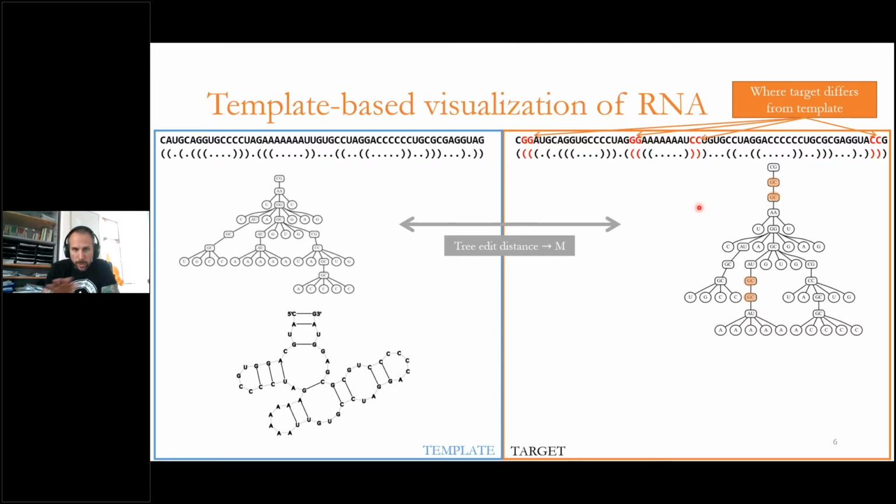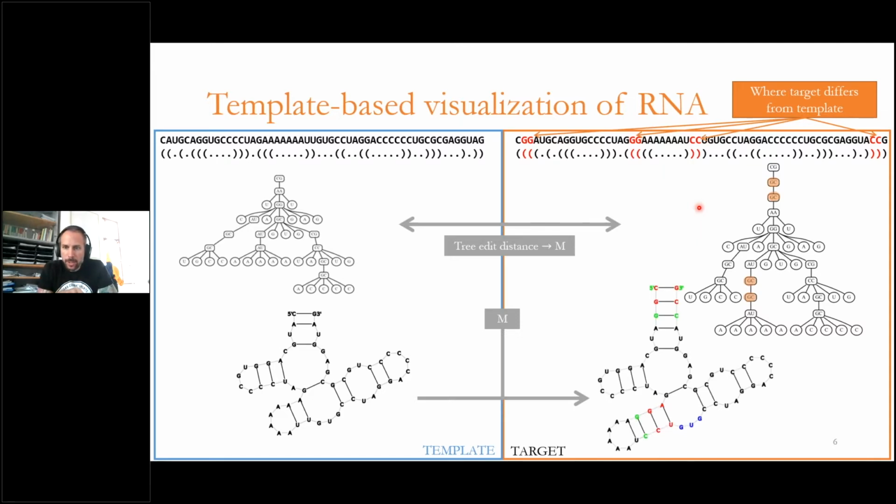Yeah. So now when you have this mapping, we associate these so-called tree edit operations, insert, update, and delete, with layout modification operations, which enables us to transform the template layout into the target layout. So for example, inserting a node at this position requires some layout modification operation at the corresponding position in the template.